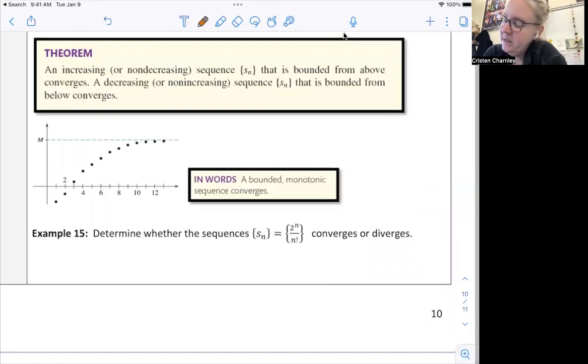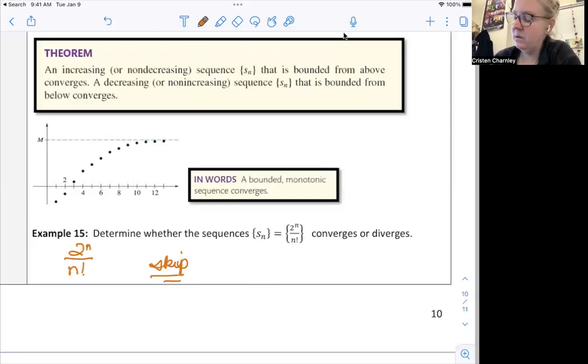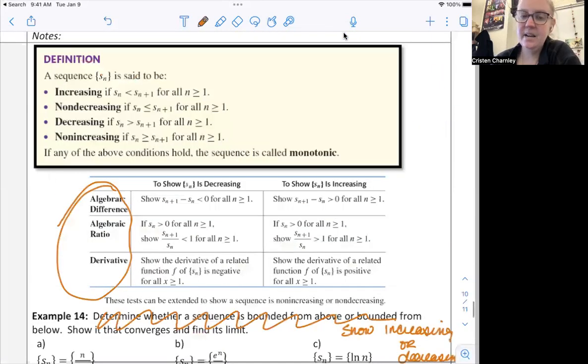A decreasing sequence that is bounded from below will converge. Example 15, determine whether the sequence converges or diverges. So 2 to the n over n factorial. I don't want to do this one either. We will. It will be something that we do called the ratio test. I'm just not ready to talk about it yet. So lucky you. Skip 14 and 15.